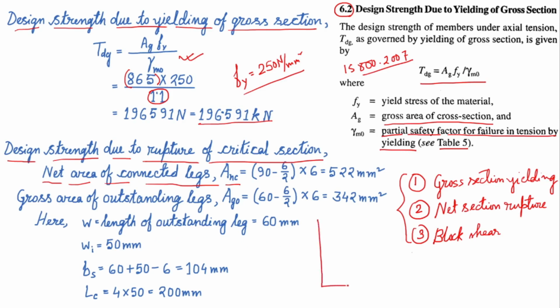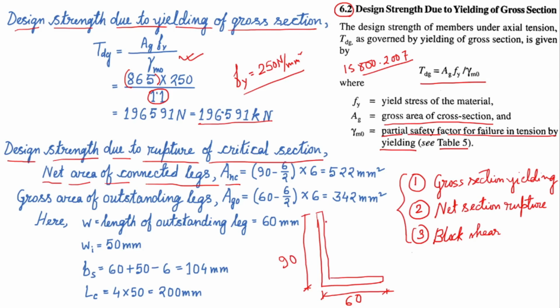If you take this angle, this connected leg is 90 mm, which is connected to the gusset plate, and the other leg is 60 mm. Okay, now the net area of connected leg.